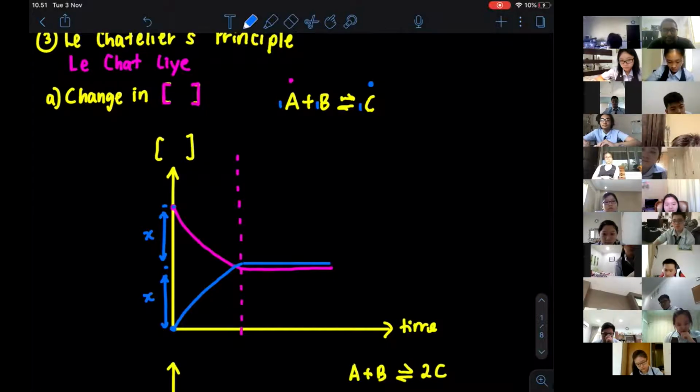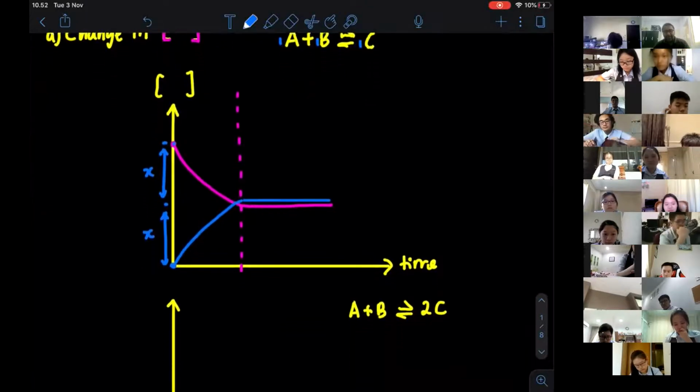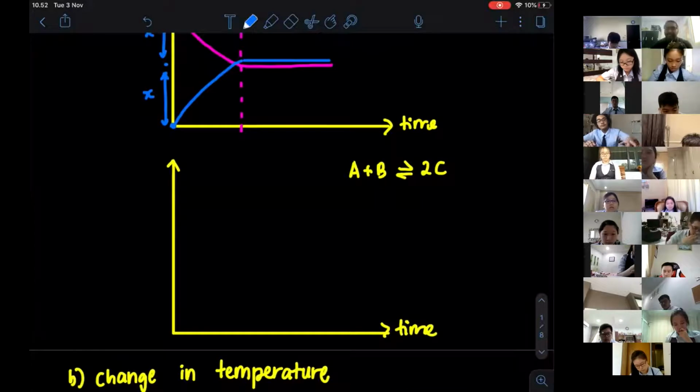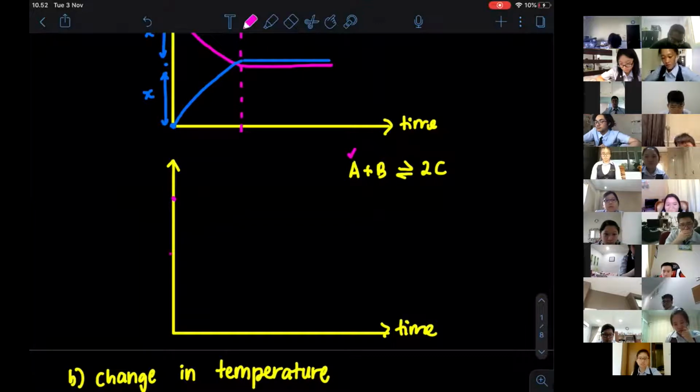Okay. Now, imagine I'm trying to draw the same graph, but I'm going to change that equation to become A plus B to give you 2C. And I'm going to still use, for A, the same thing, let's say about 1.5 according to my screen.